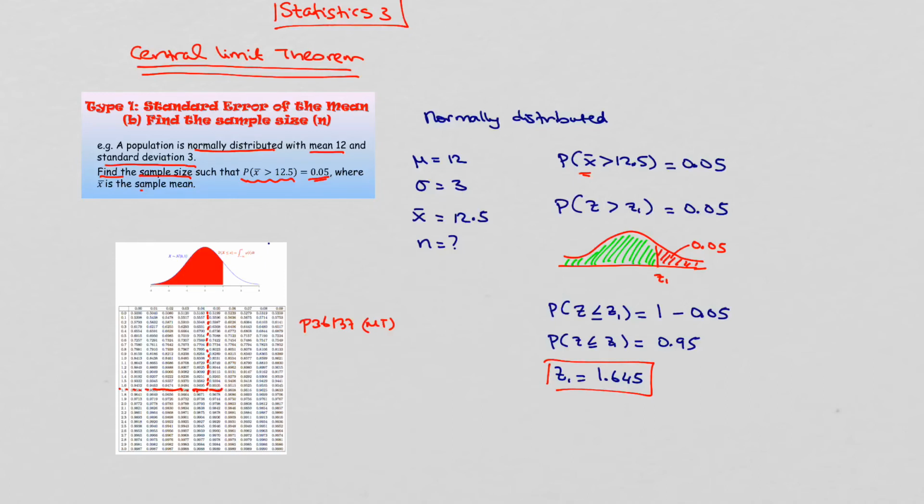So now what I can do is use my standard error of the mean. Because of the central limit theorem, z is equal to x minus mu over sigma over root n.